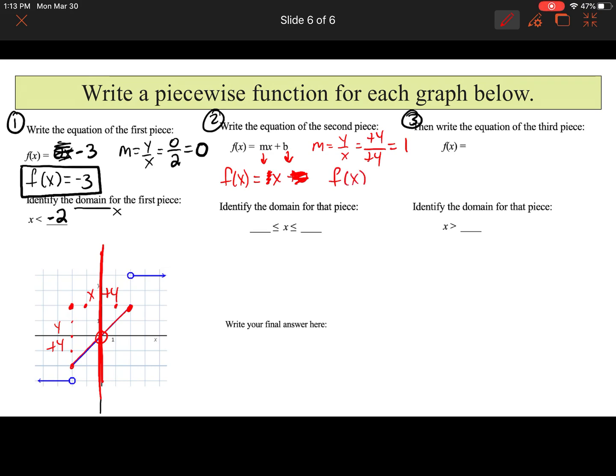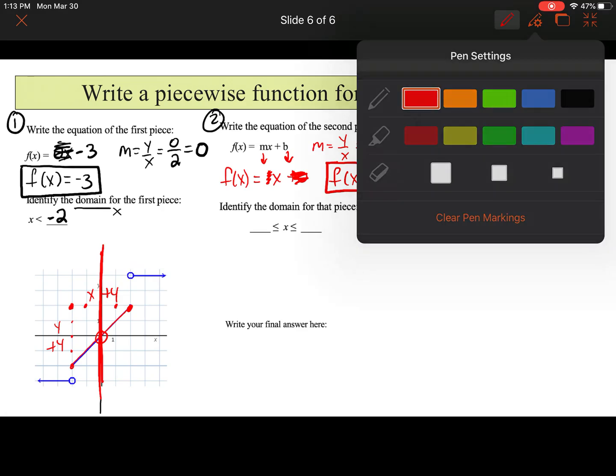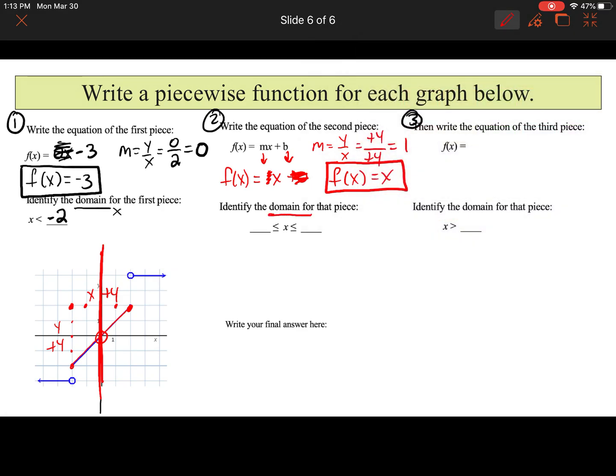So really, this is the equation f of x equals x. Identify the domain for that piece. Well, the line is in between the x values of -2 and it ends here, 2. This is the x-axis.